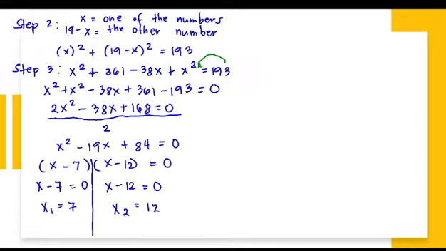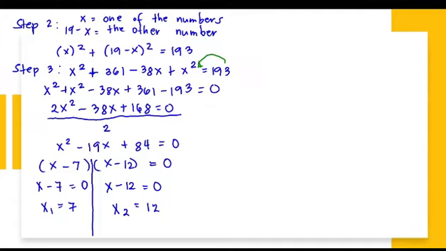So the two numbers are positive 7 and 12. So check lang natin kasi sabi kanina sa condition, ang sum ng dalawang number na yan ay 19. Tapos yung sum ng square nila ay 193.